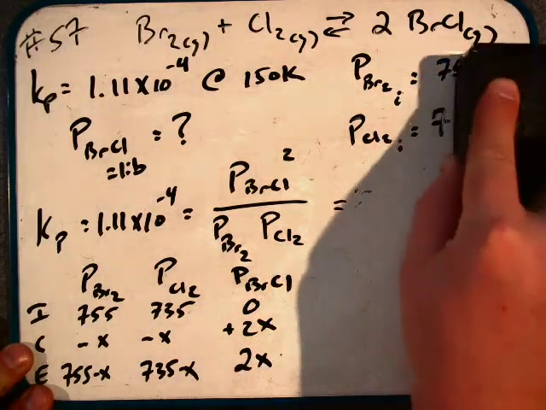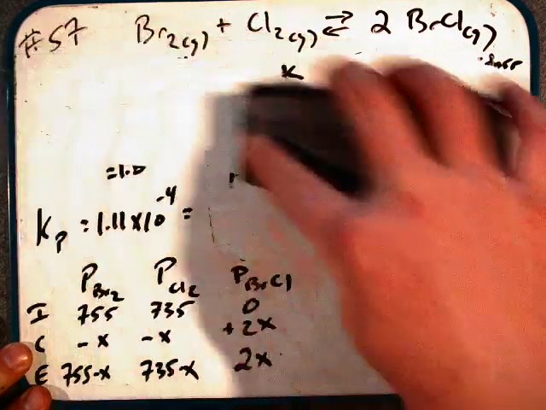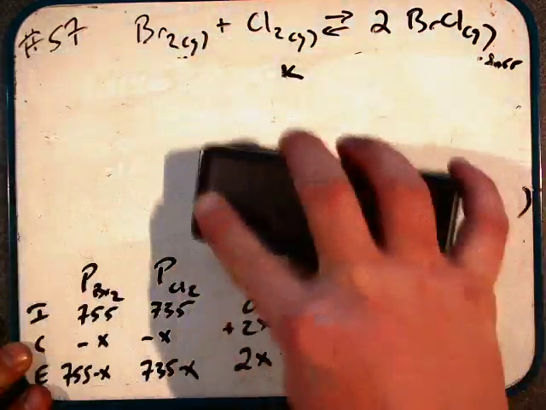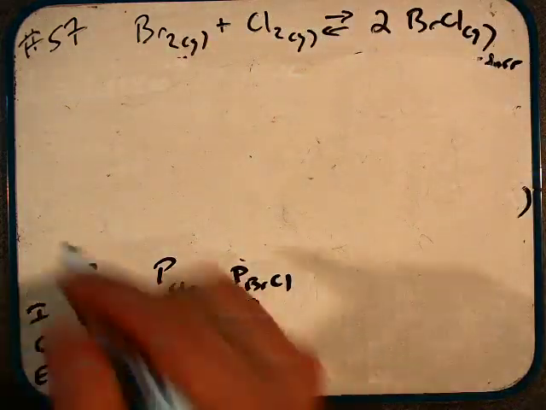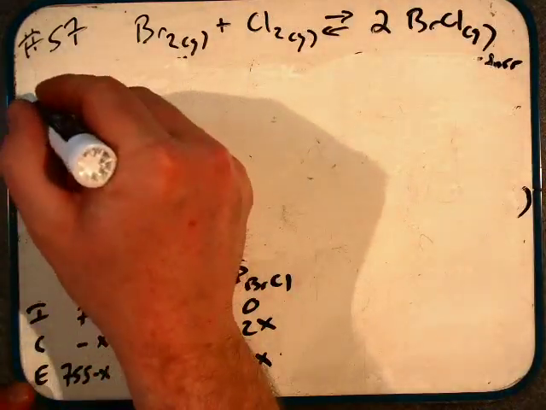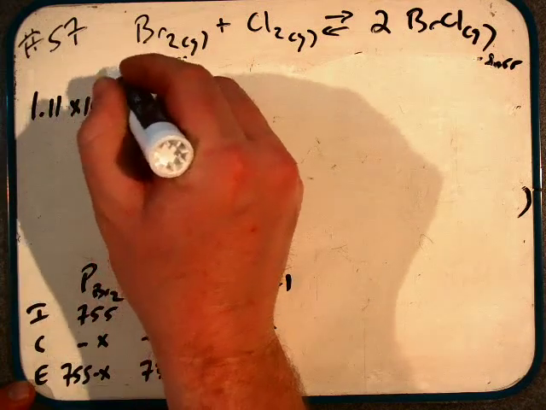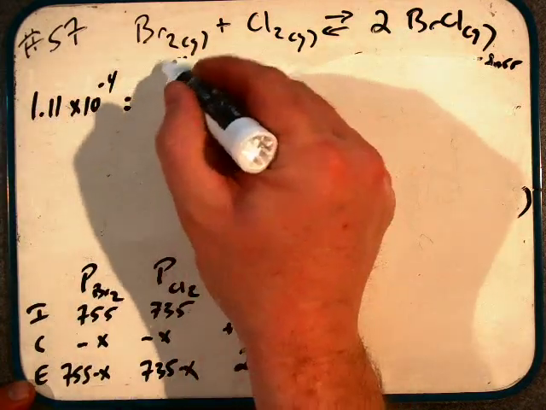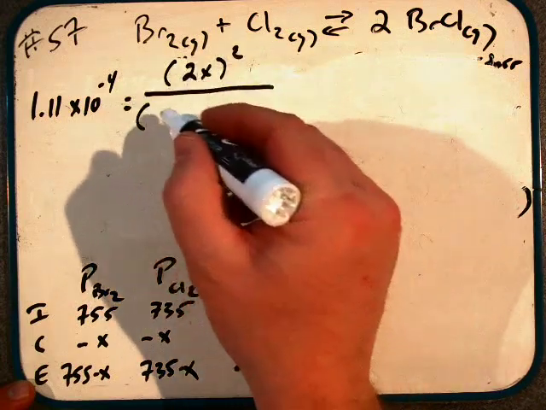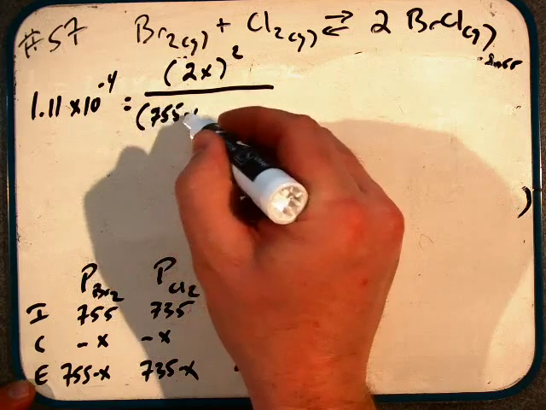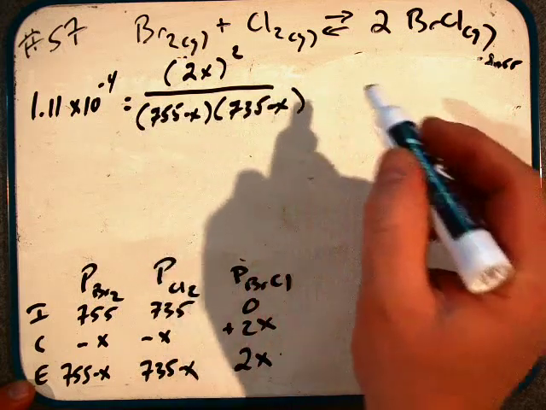So I'm going to leave the table, but I'm going to come up to the top of the board here and begin again. So right now we have 1.11 times 10 to the negative fourth equal to the quantity 2x squared over 755 minus x times 735 minus x.